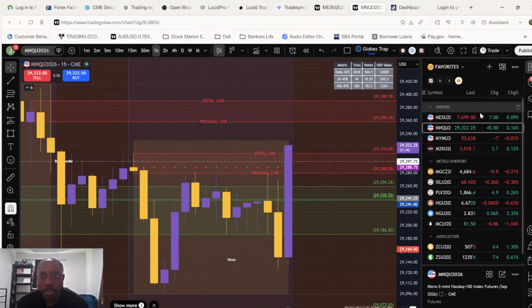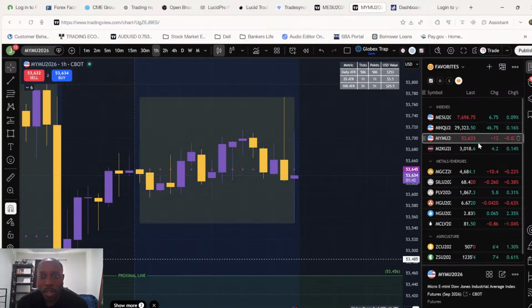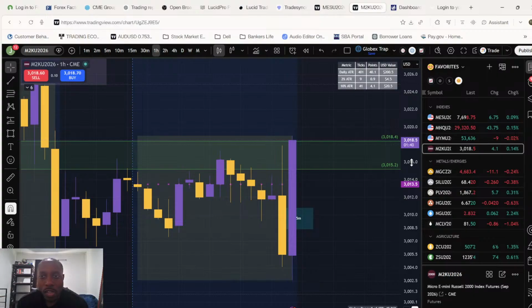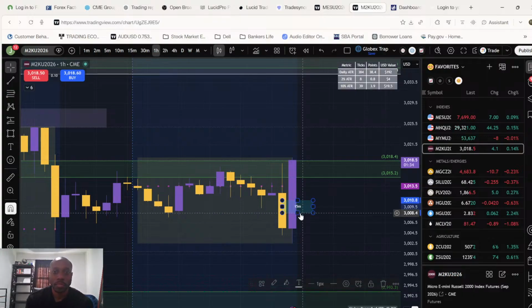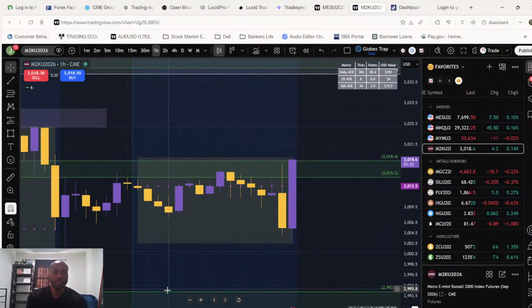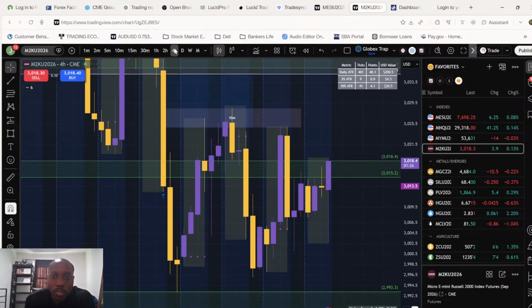MNQ, MES, Russell 2000. And the 4-hour candle is about to close too.